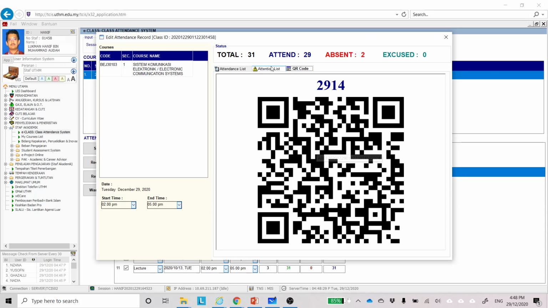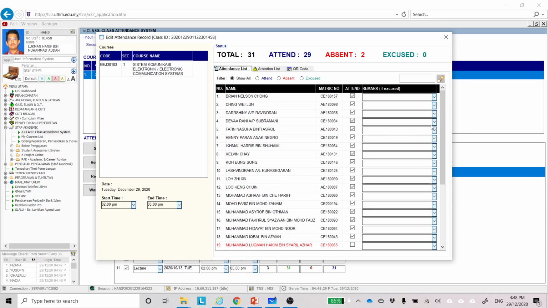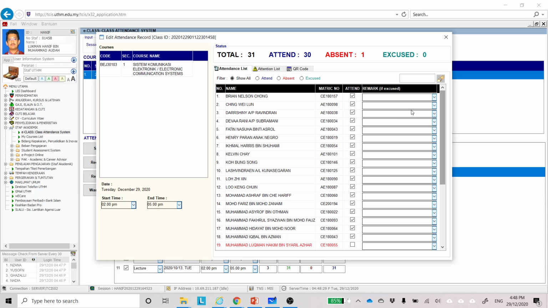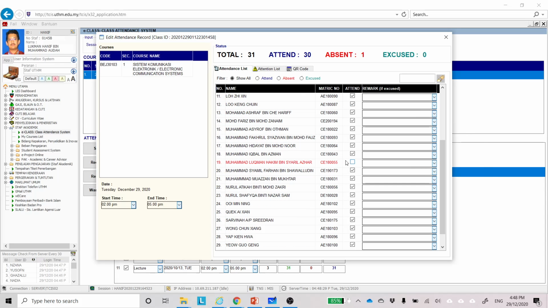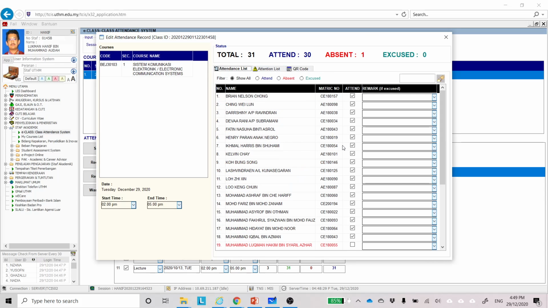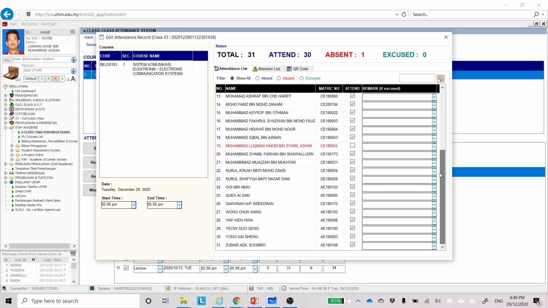Lagi? Tadi Zubair belum. Zubair mana? Ada. Zubair ada. Oh, ada. Ini Lukman Hakim ada? Tadi dia ada tak adik? Lukman Hakim? Hello, Lukman Hakim ada? Group member dia ada nampak dia tadi?